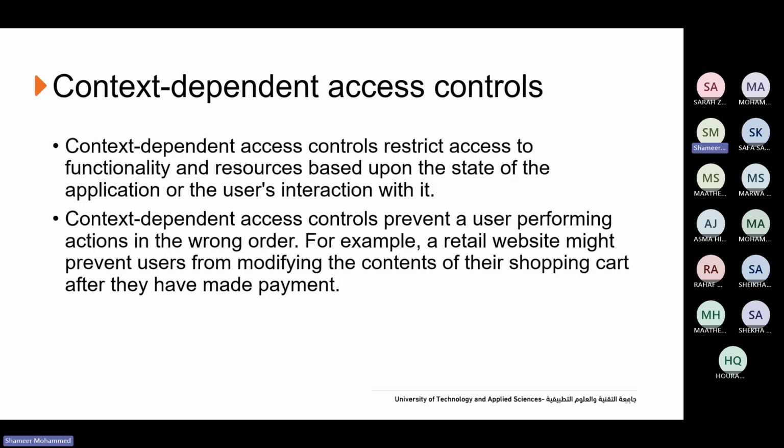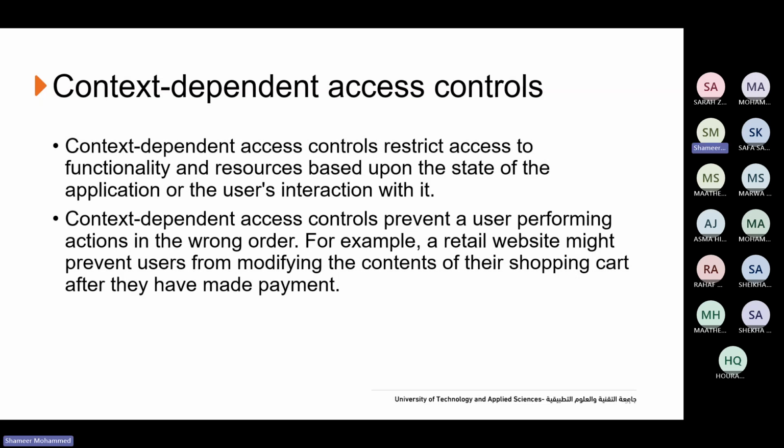You are restricting the access to the functionality. So you buy 3 items and click payment. Then you enter the credit card number and the PIN number. Khalas. After that, again, you cannot change or revert your items.